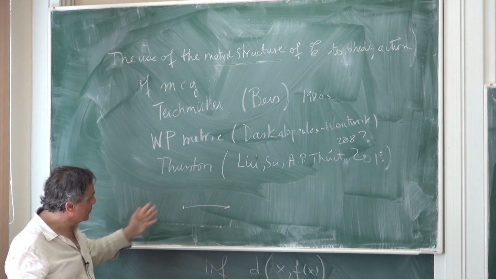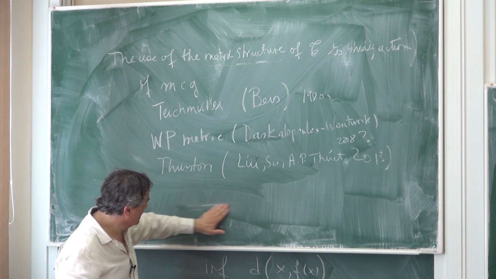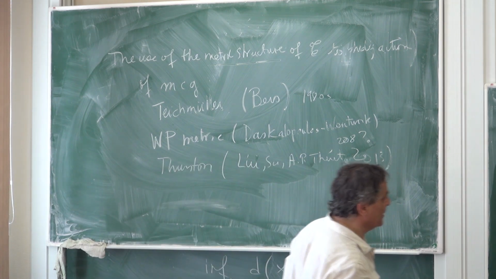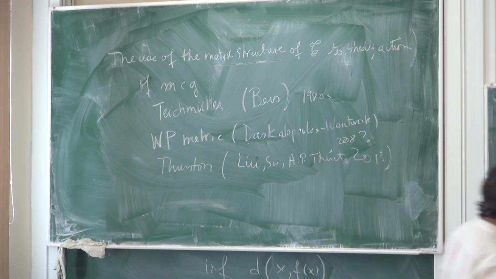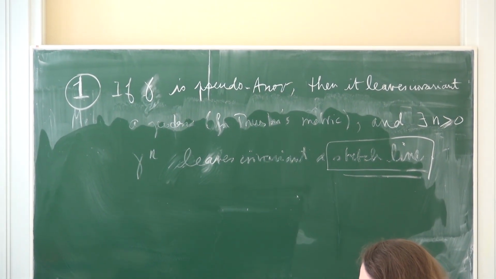One good question is to describe them all, but I'm not going to talk about this here, and I don't know the answer to how to do it properly. But anyway, there are these stretch lines which we talked about, and a pseudo-Anosov mapping class has an invariant geodesic, and up to taking a power, this geodesic is one of our distinguished geodesics.